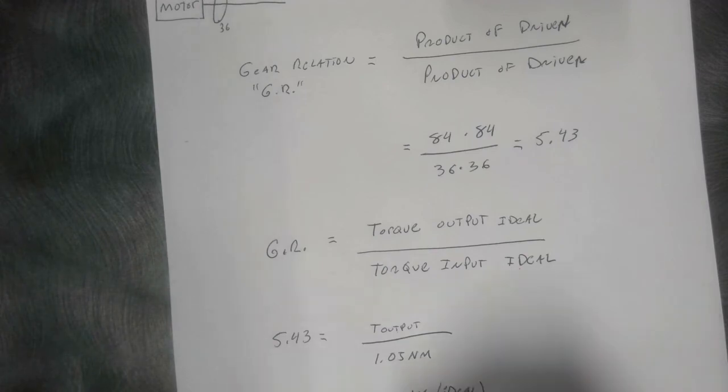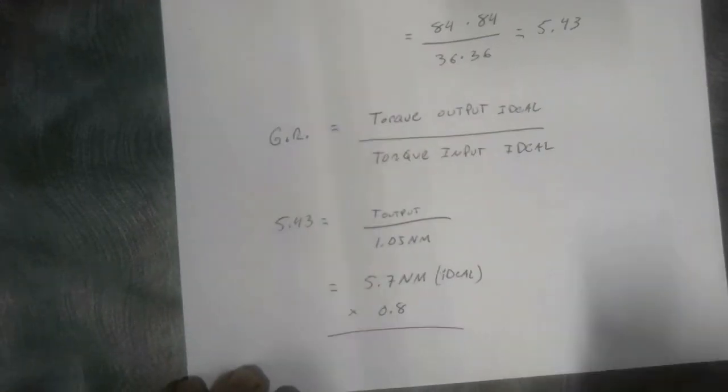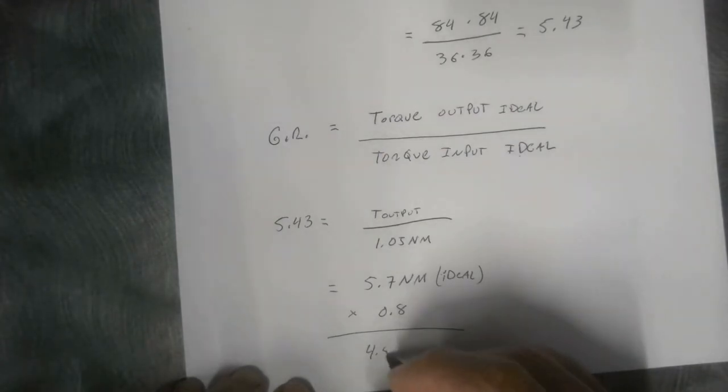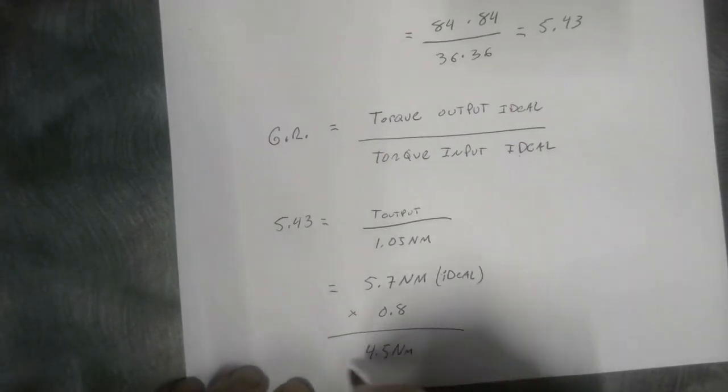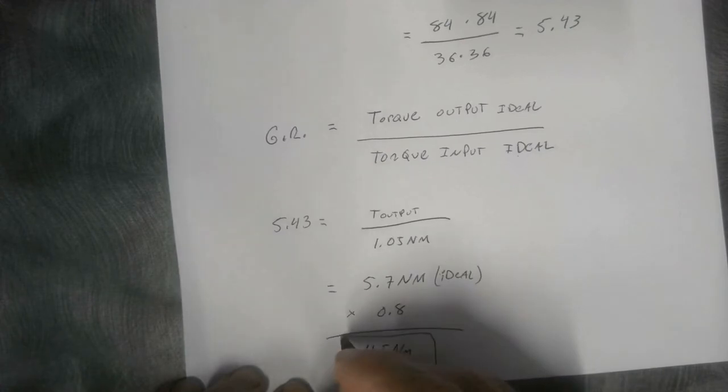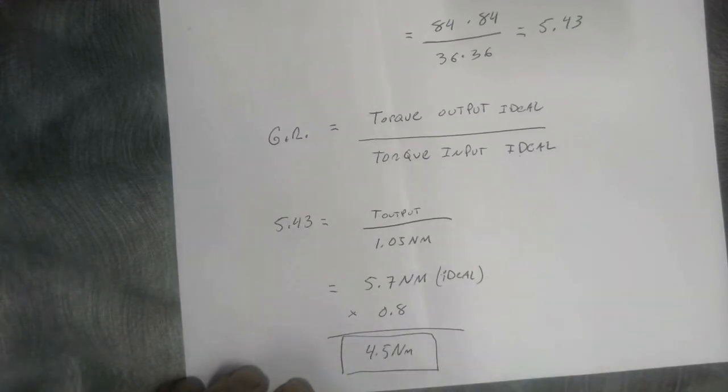So we'd have 80% remaining. So we'll take that value, multiply it by 0.8 for 80%, and that will give us 4.5 Newton meters of actual output torque.